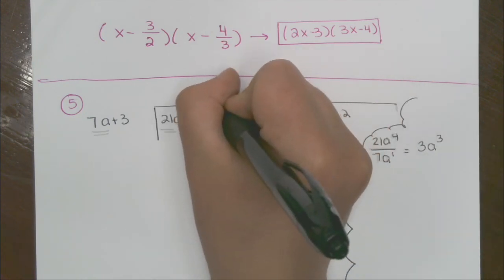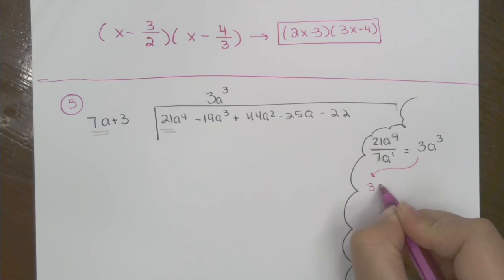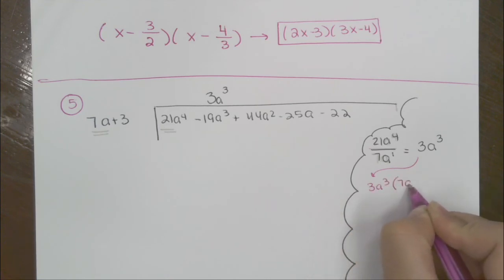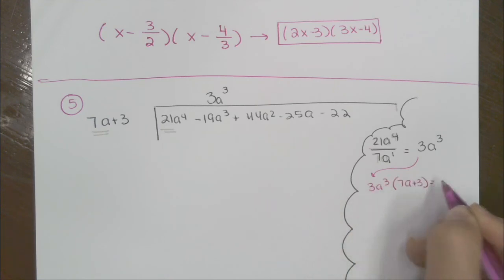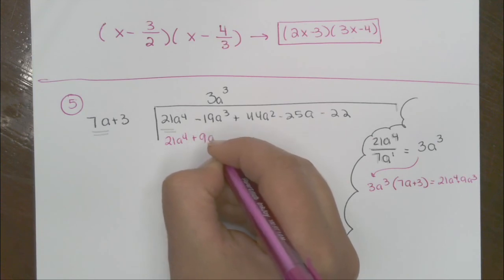So we got 3a cubed. Take that 3a cubed and you're going to multiply that by your divisor, which was 7a plus 3. That right here is 21a to the 4th power. 3 times 3 is 9a cubed. Write that underneath, 21a to the 4th plus 9a cubed.